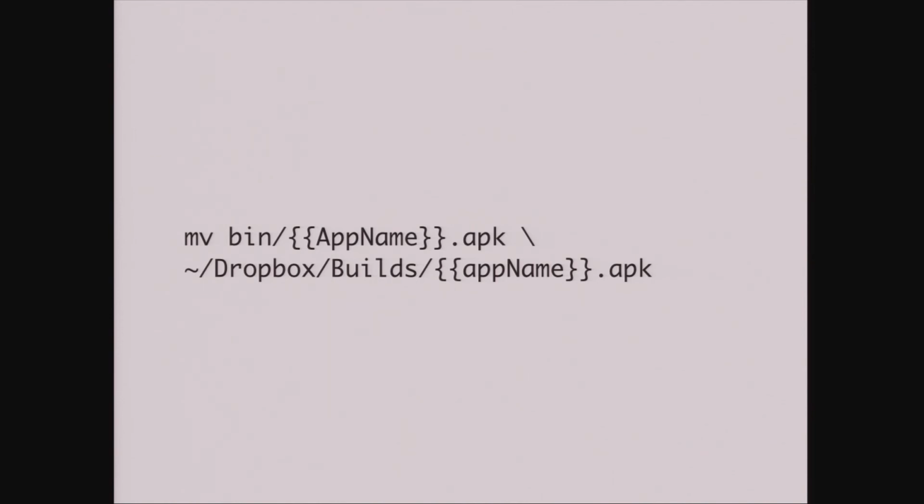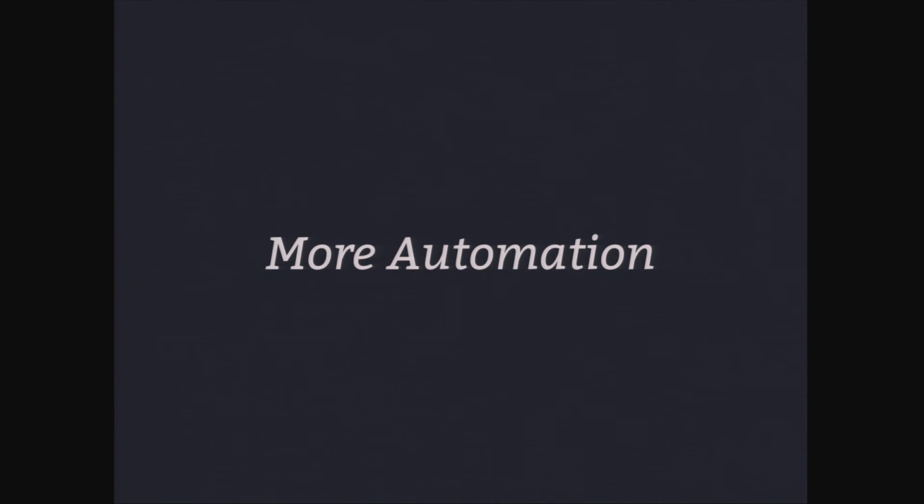So those are the things that we did to get us through that. But then we had to put it all together. Those were command line commands, but the QAs and the product team couldn't trigger them. Typing into the terminal was still way too hard.